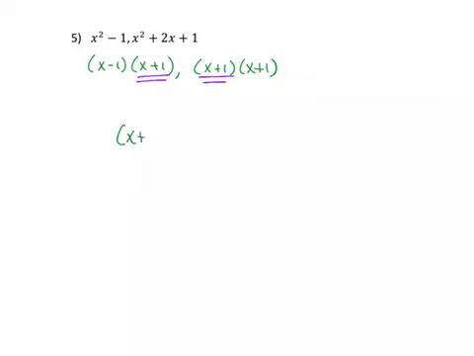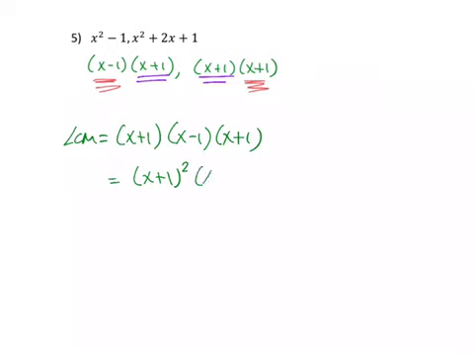So x plus 1 times everything else that is not repeating right there, so times x minus 1, x plus 1. So x plus 1 squared times x minus 1. We can keep it like that.